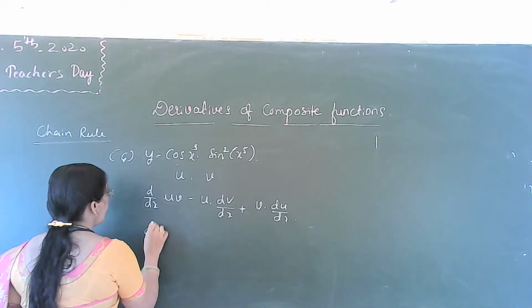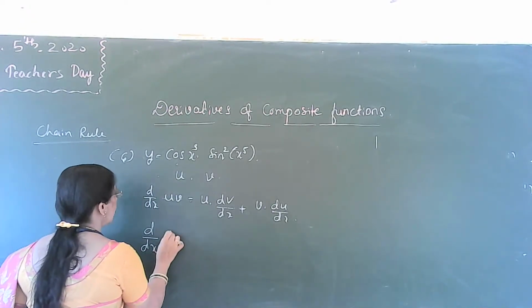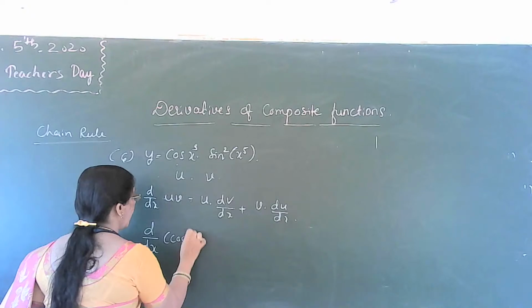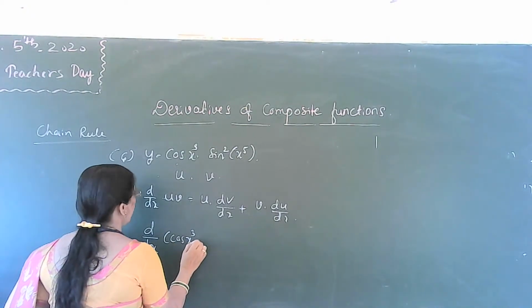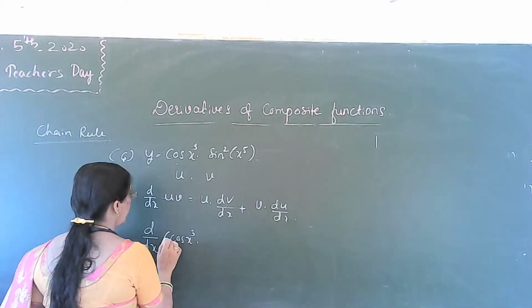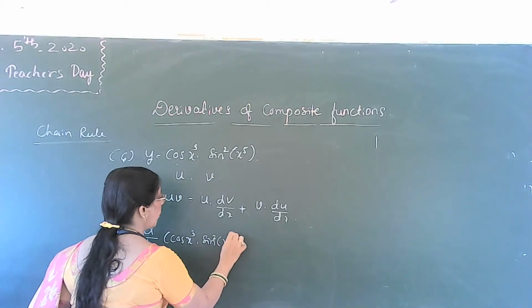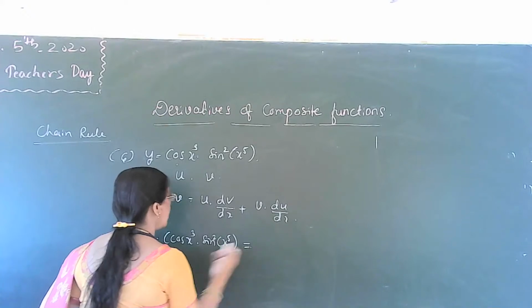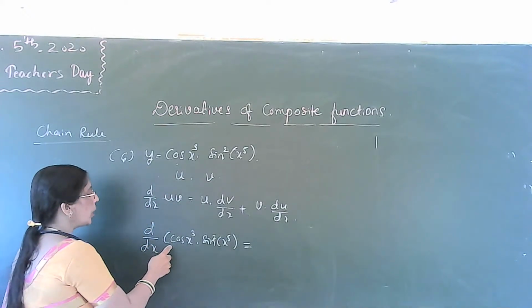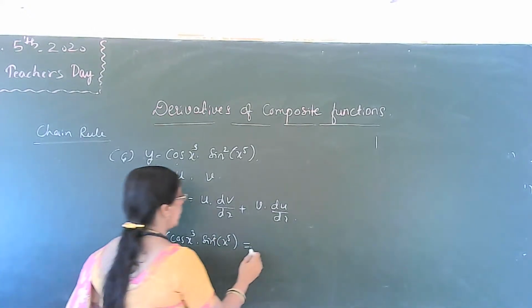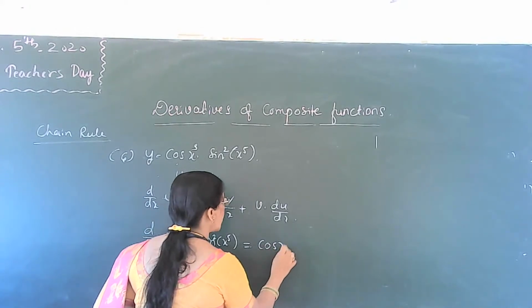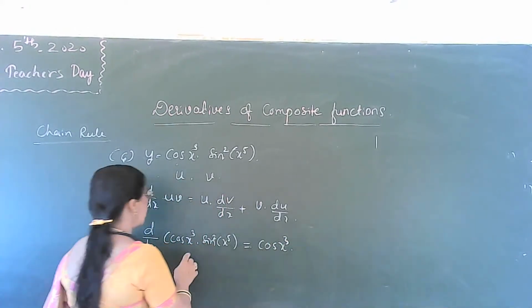Here d by dx of cos of x cube into sin square x to the power 5, which is equal to, u is cos of x cube here, cos of x cube constant.